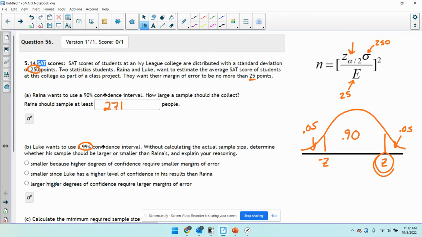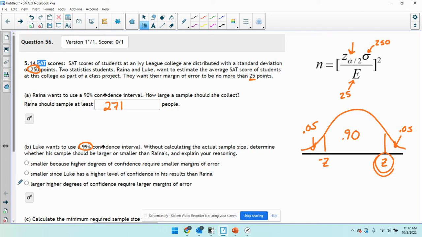Well, no, this says higher degrees of confidence require larger margins of error. We're not talking about margins of error here. Should his sample... these are poorly worded.